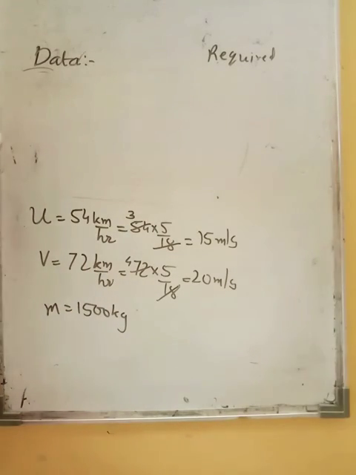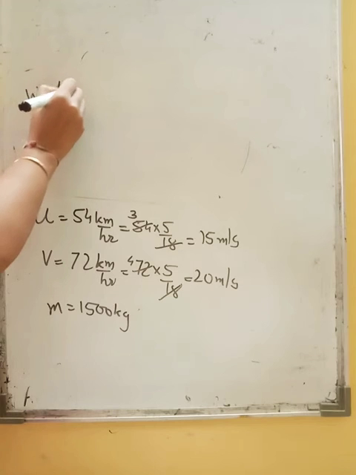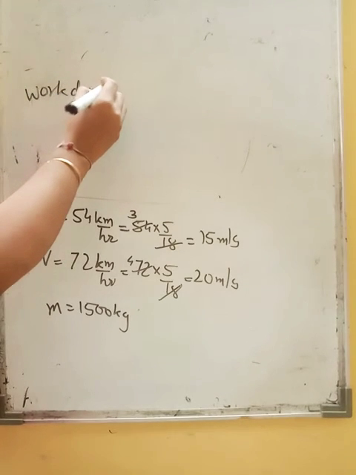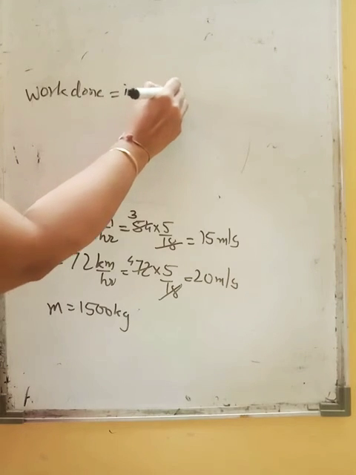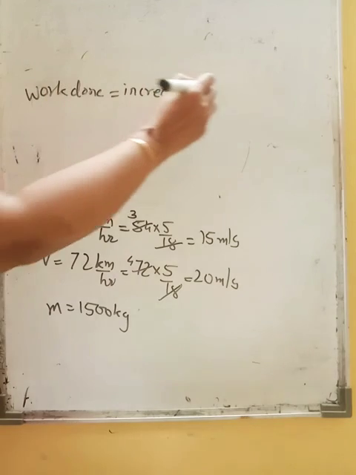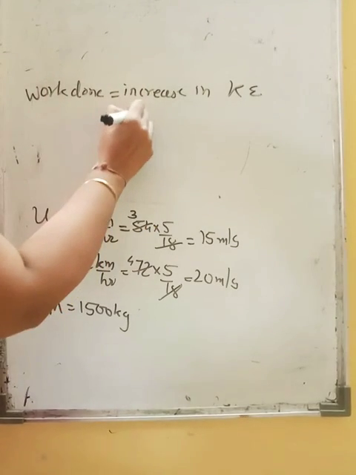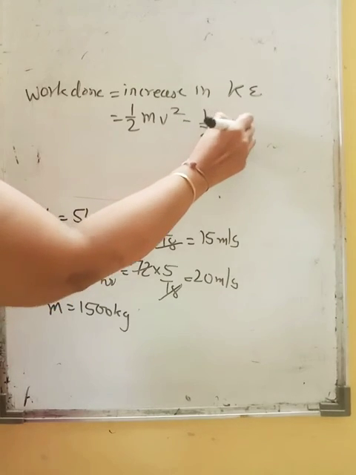So solution. Work done is increase in kinetic energy. So that is half mv square minus half mu square.